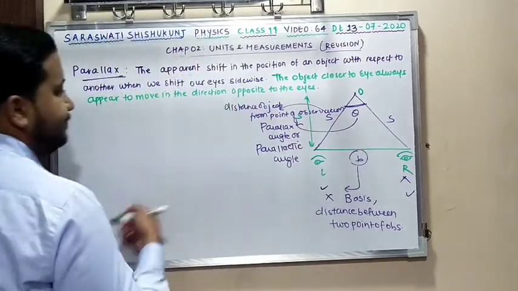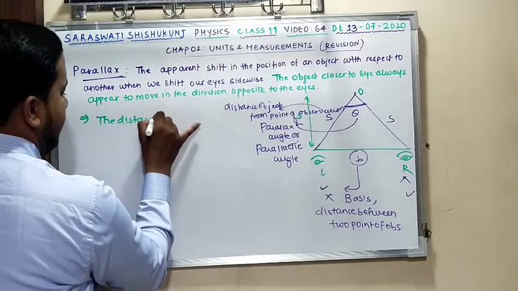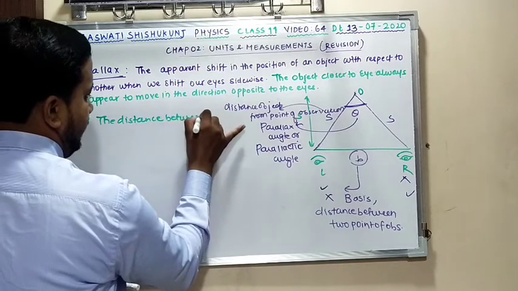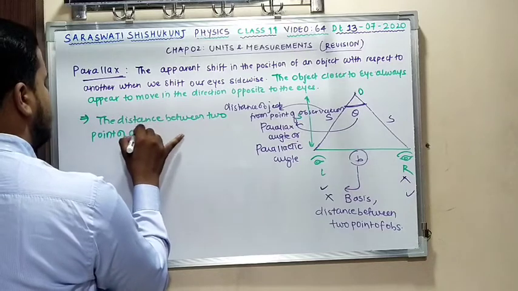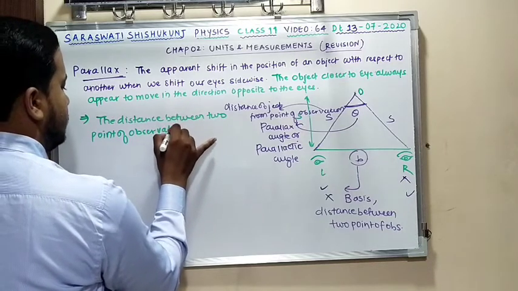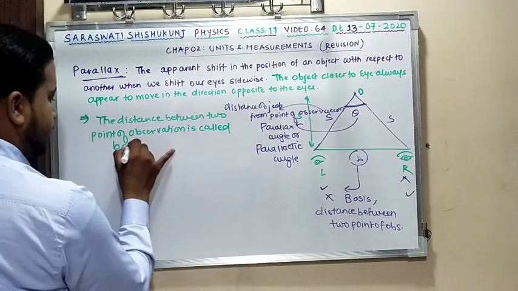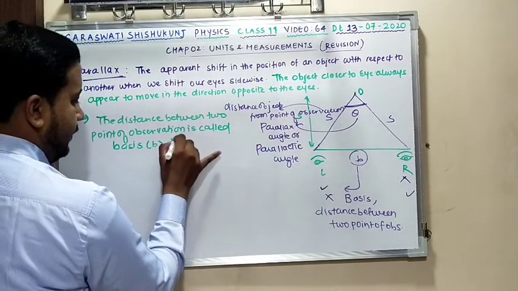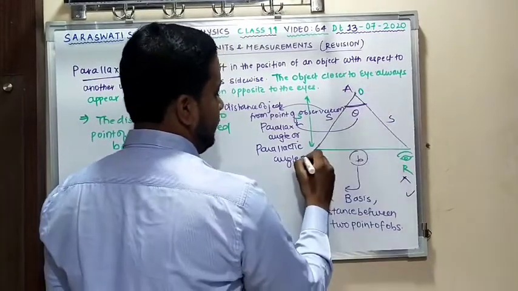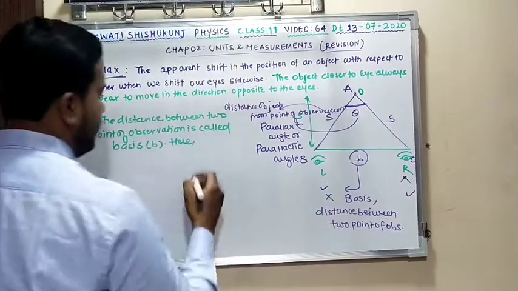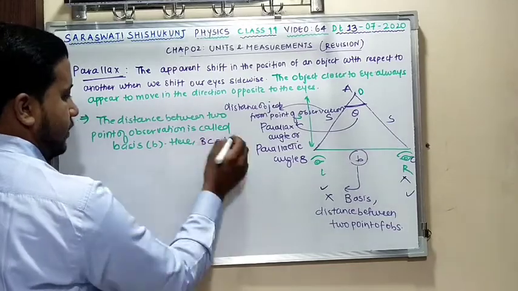So I can write an important point: the distance between 2 points of observation is called the basis, denoted by the letter B. Here if I name this triangle A, B and C, then BC is equal to B, that is nothing but the basis.